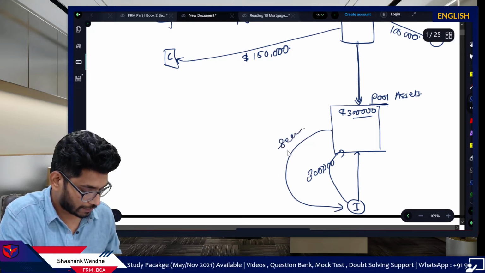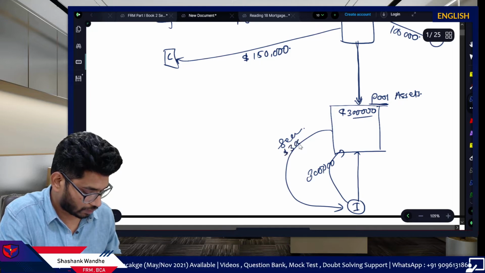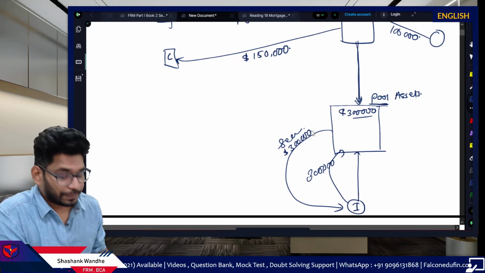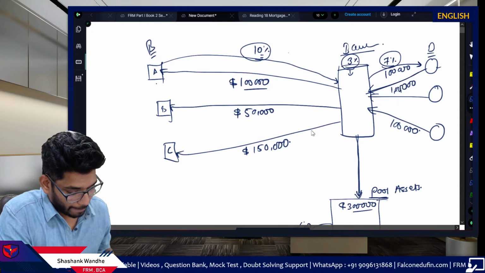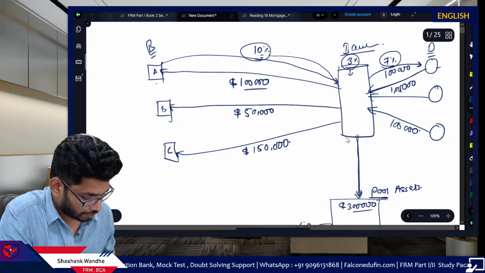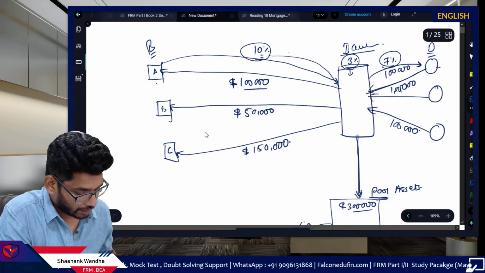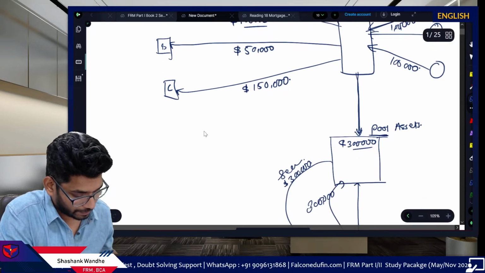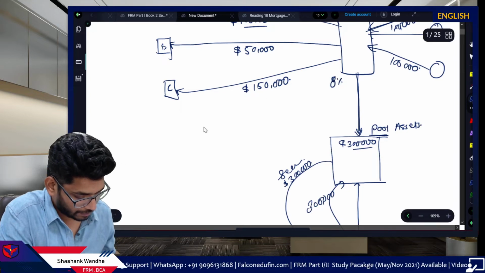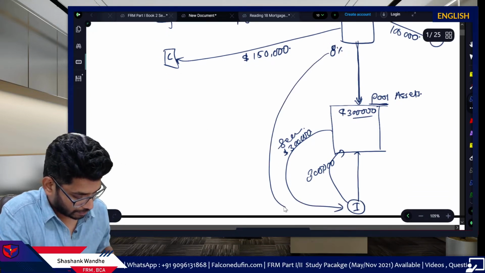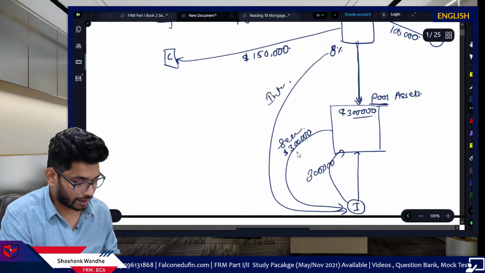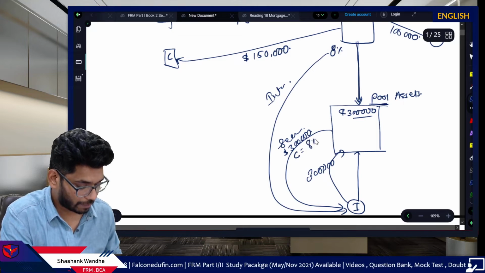Securities worth 3 lakhs face value, and then the bank will pay some portion of this income to this investor. So let's assume 9% or 8%. So these securities have a coupon rate equal to 8%.